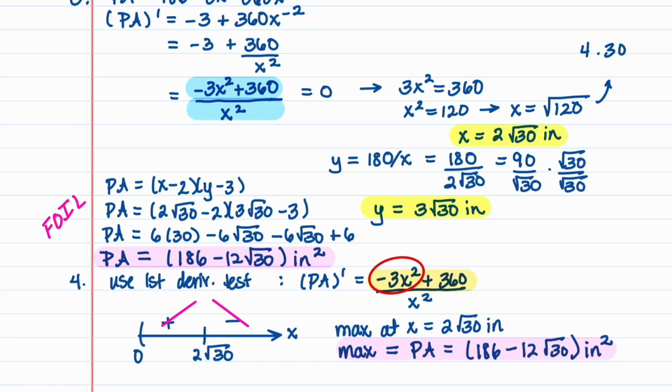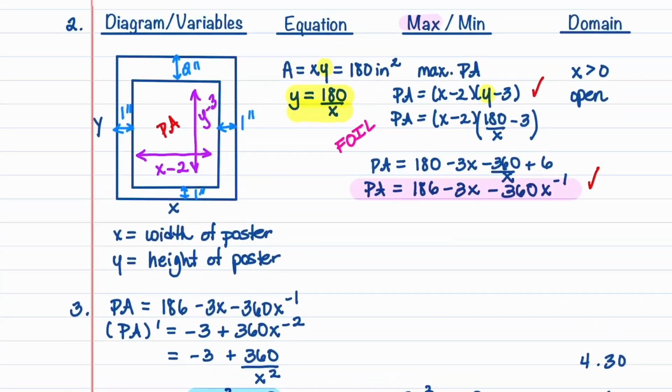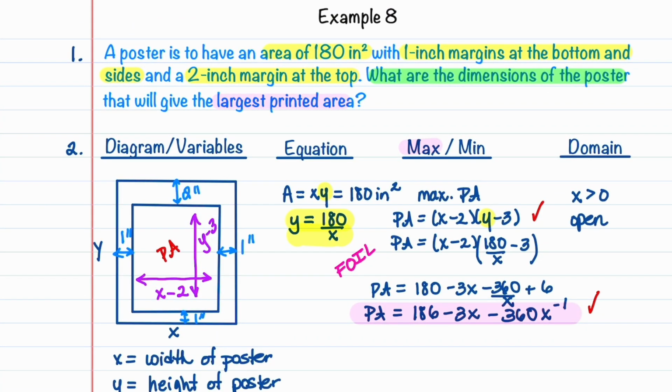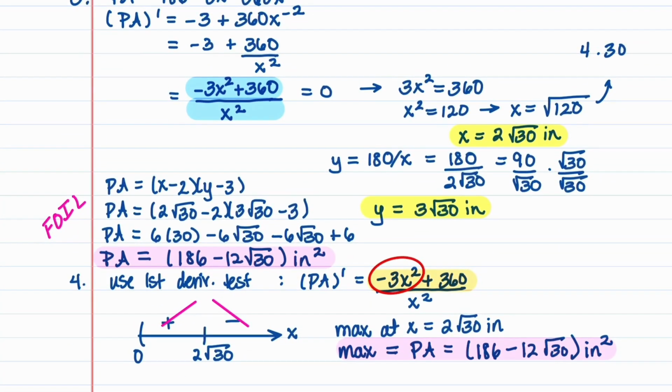Now, the last thing that we have to do is to reread our problem and then carefully state our final answer in a complete sentence with units. Let's go back up to the top. We want to find, up here in green, the dimensions of the poster. So let's go ahead and state that.